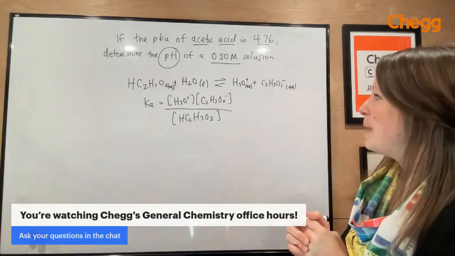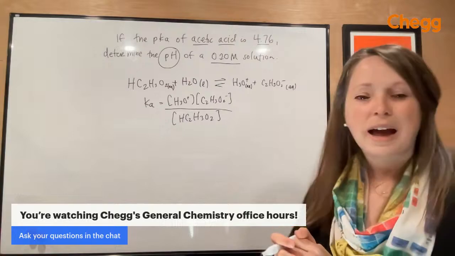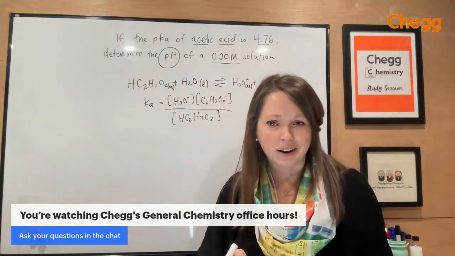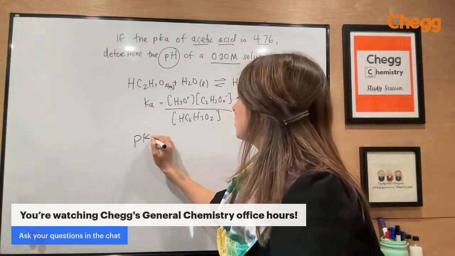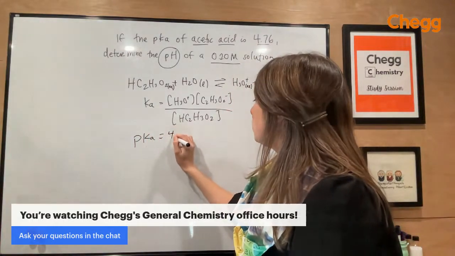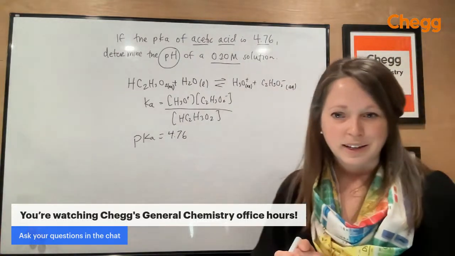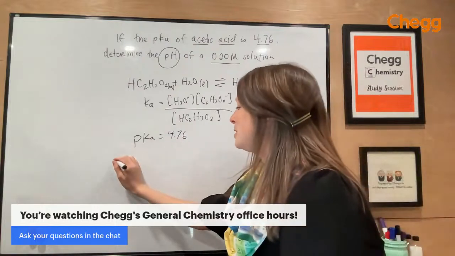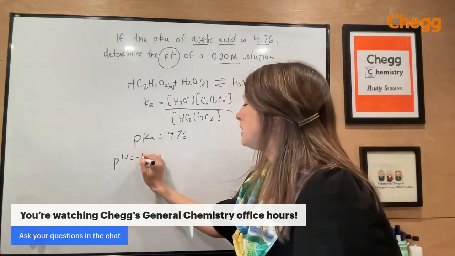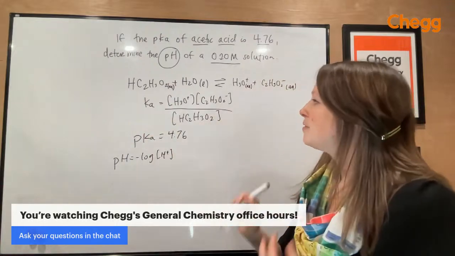All right, so I have my Ka expression, and I want to determine the pH. Where do I go from there? So I know my pKa is equal to 4.76. What does that tell me, right? pKa versus Ka. If you have learned in Chem 1, pH is equal to the negative log of H plus. pKa is very similar.